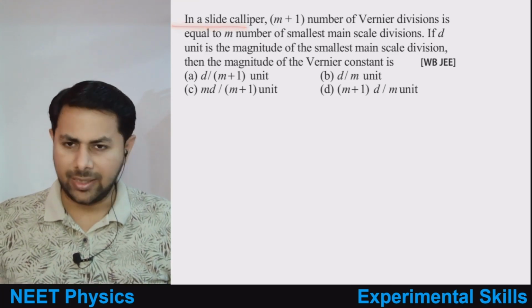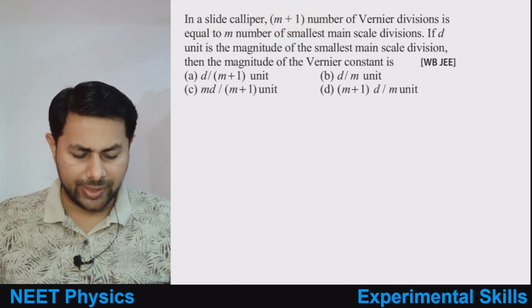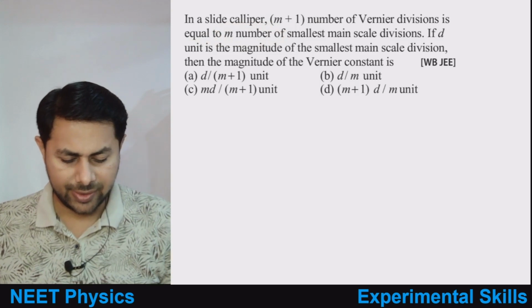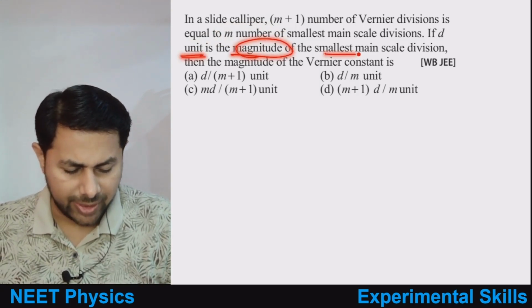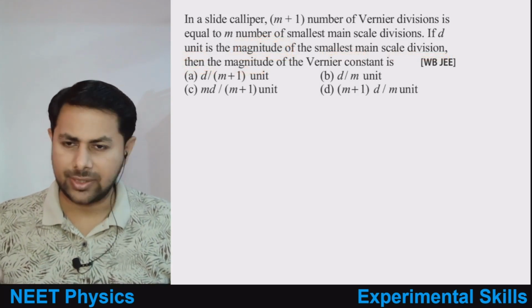In a slide caliper, that's a vernier caliper, m plus 1 number of vernier divisions is equal to m number of smallest main scale divisions. If d unit is the magnitude of smallest main scale division, then the magnitude of the vernier constant is?